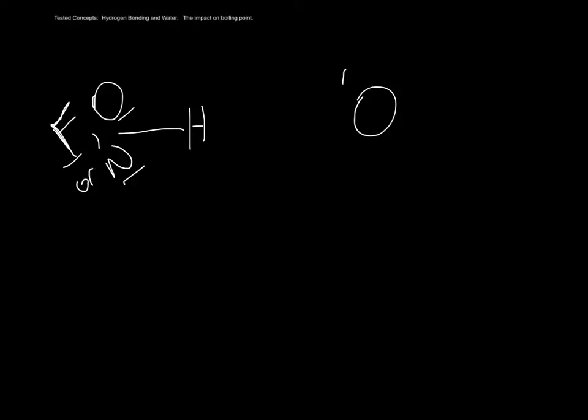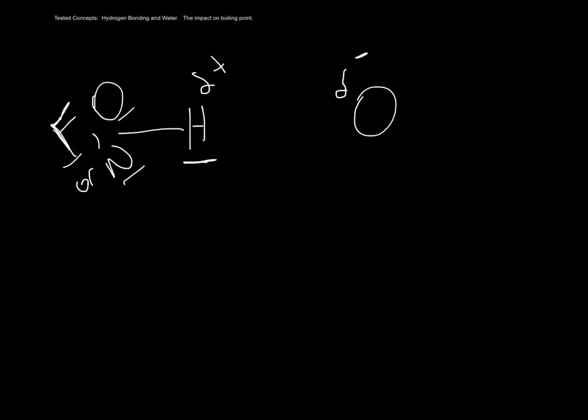So hydrogen bonding happens between, again, any kind of hydrogen that might be on one molecule and some kind of oxygen, nitrogen, or fluorine that might be in another molecule. Of course, the hydrogen needs to be bonded to one of those three as well: fluorine, oxygen, or nitrogen.